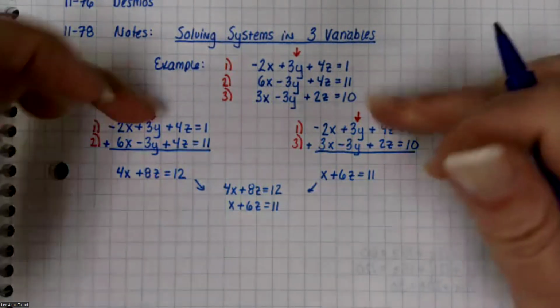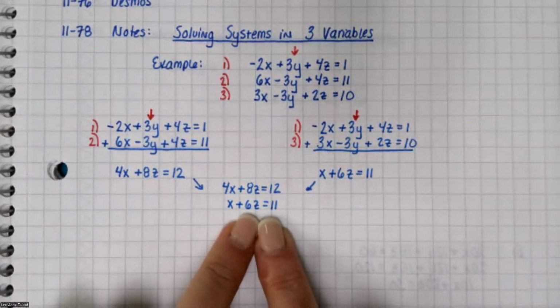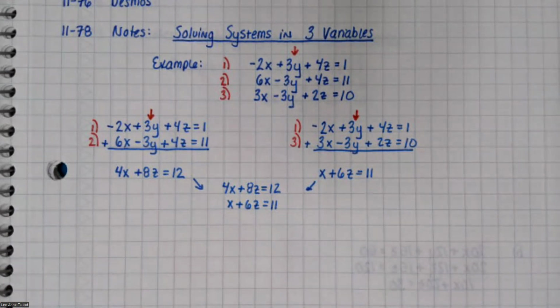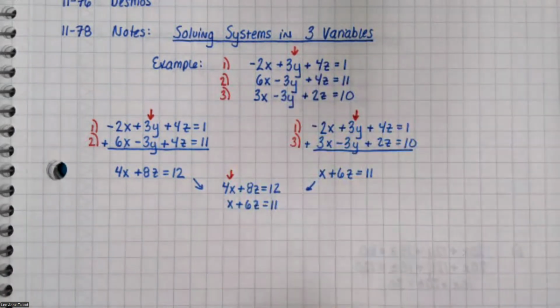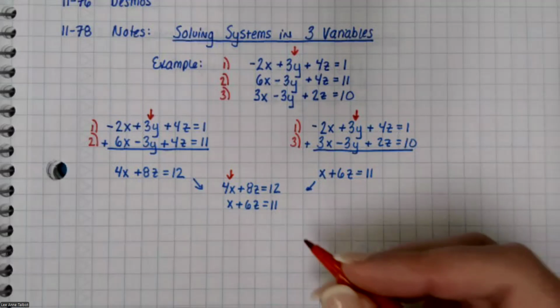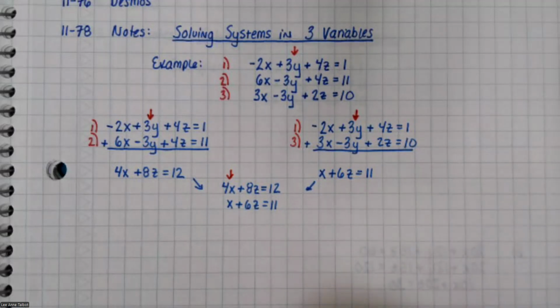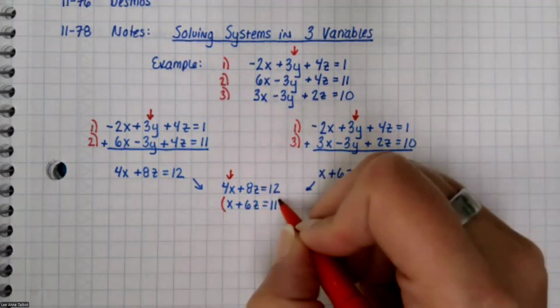Okay, and what that does is it gets you to a Math 1 problem. What letter is easiest to eliminate now? X or Z? X. And what would I have to do to eliminate X? Multiply the bottom by -4. Beautiful.